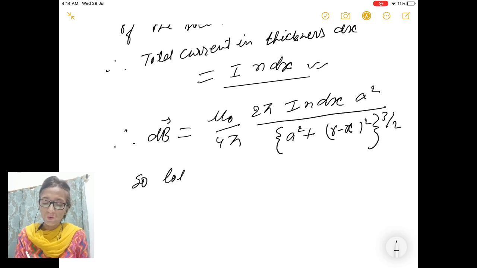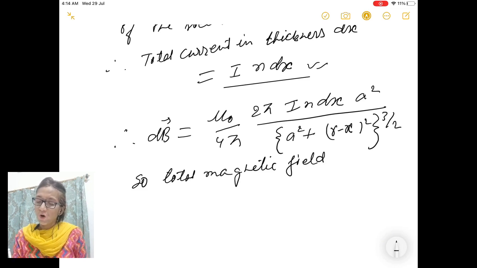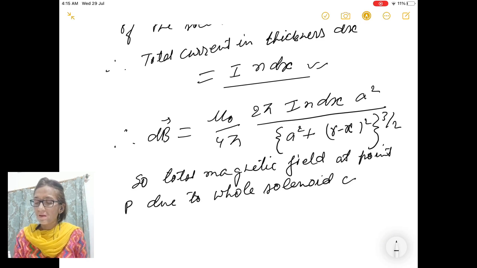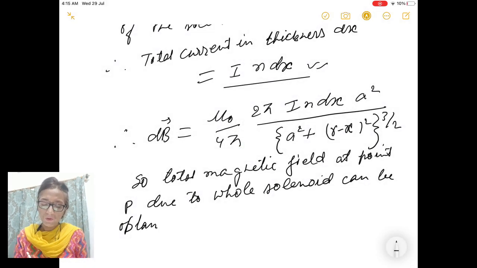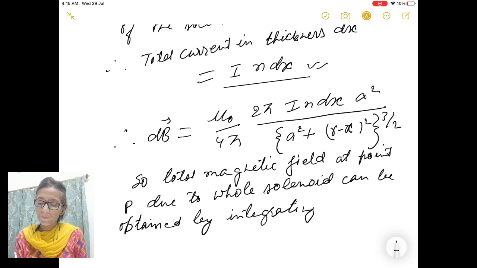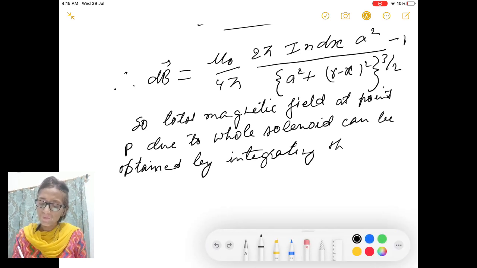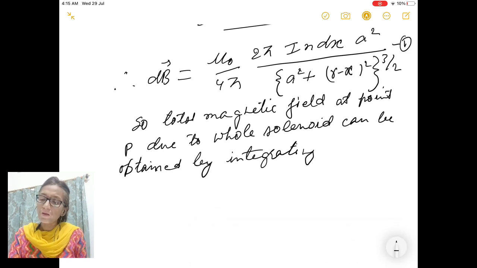So the total magnetic field at point P due to the whole solenoid can be obtained by integrating equation 1 under proper limit.